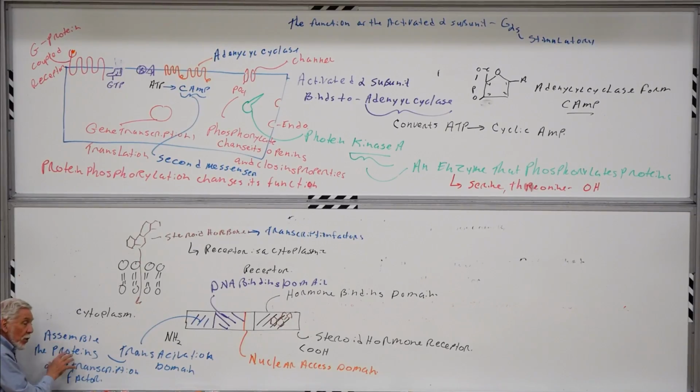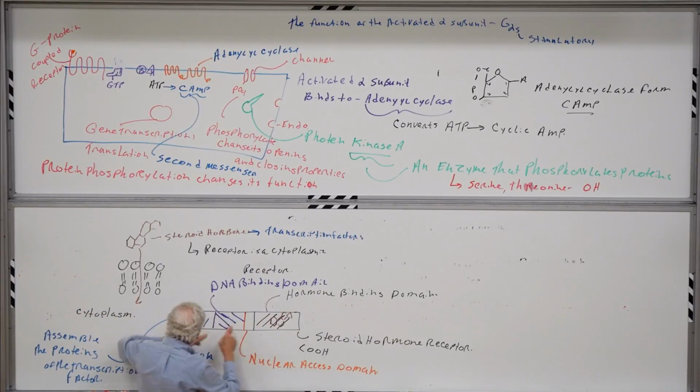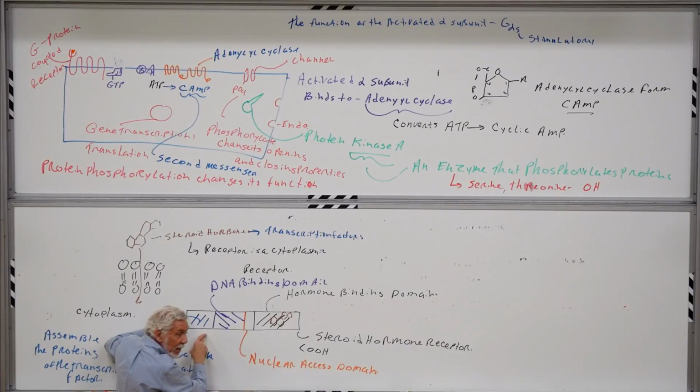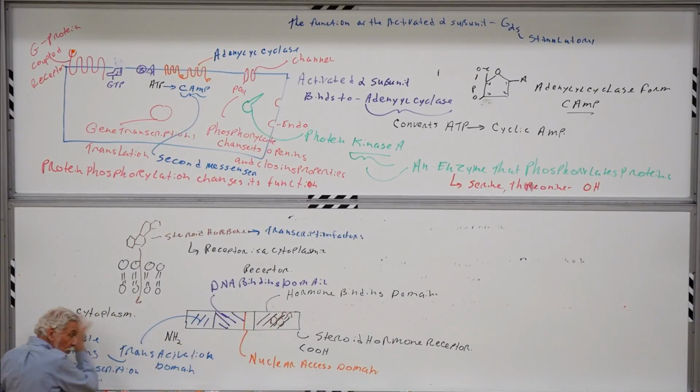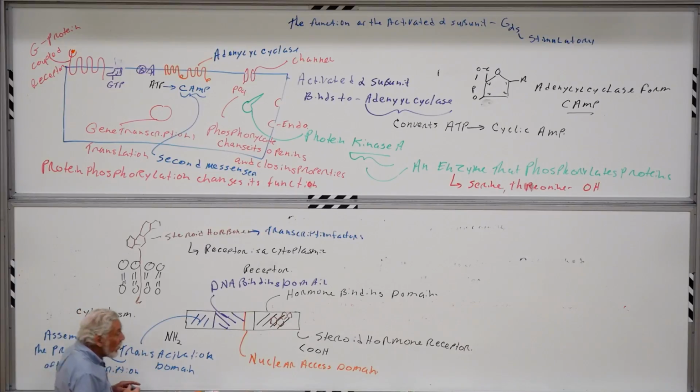In this particular case, one of those important proteins is this receptor hormone complex that is bound to the DNA. And so then that assembles the further proteins that form the full transcription factor, which attracts or recruits the RNA polymerase to start making the RNA from that particular gene.